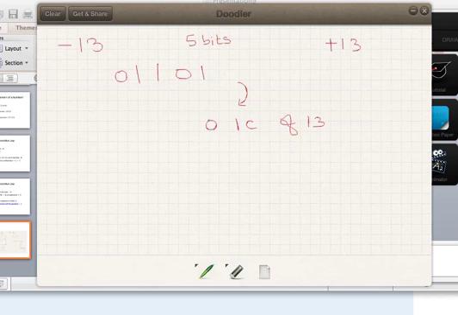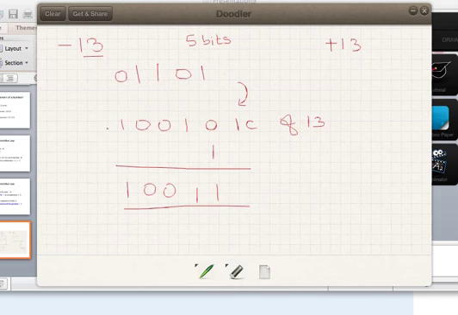That is 10010. Then we need to add 1 to it. That becomes 10011. So in 5 bits, -13 is represented like this.